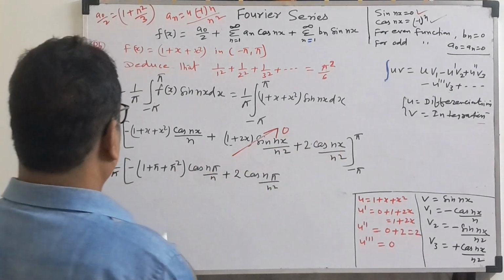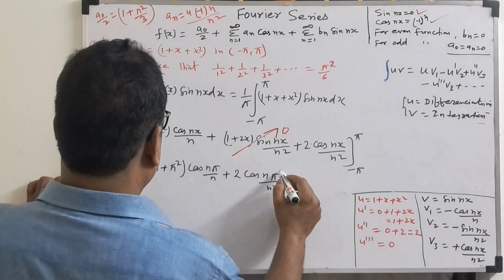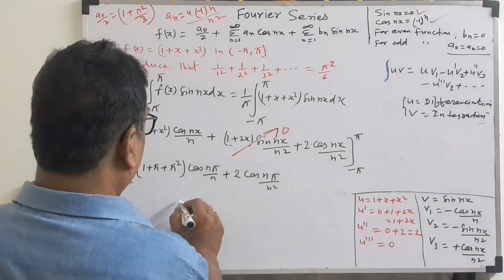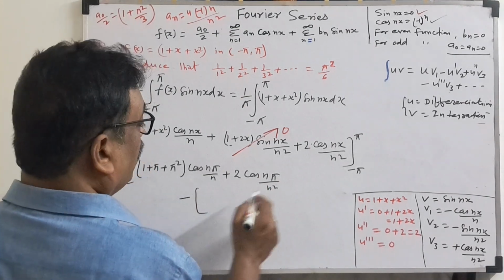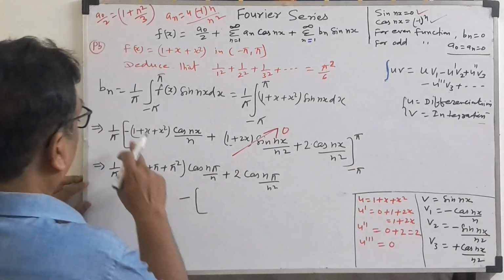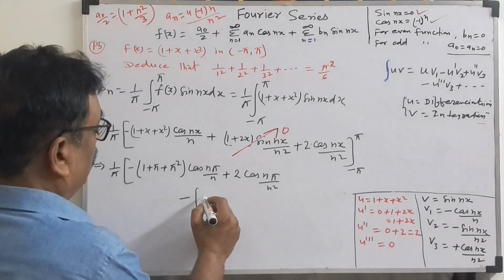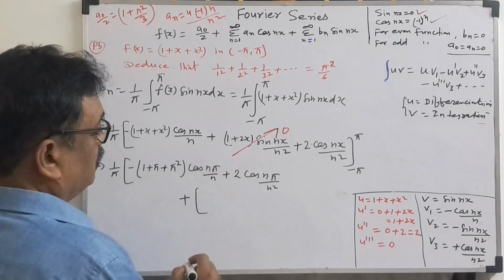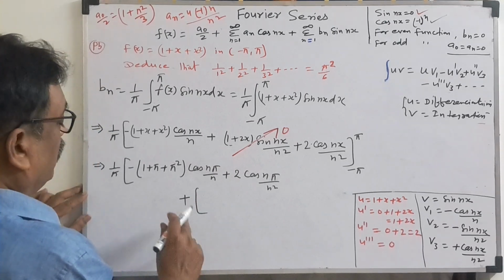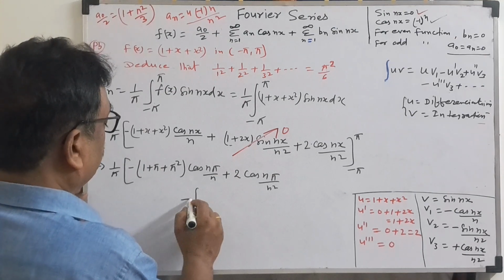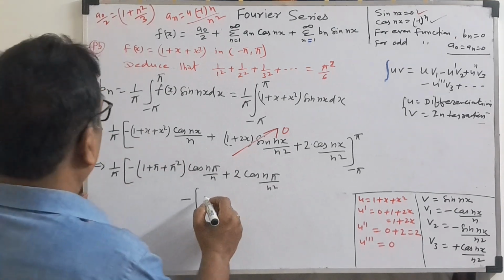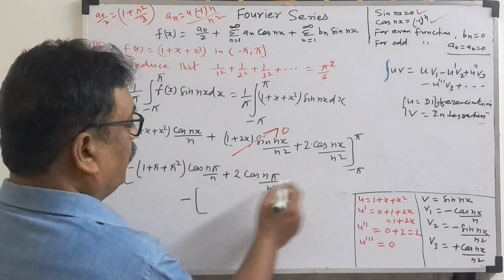This is the upper limit. What will the lower limit be? Here you apply the lower limit again with a minus. Here already minus is there, so it will come plus only. So you write plus. Now this you write here minus, and here will be the upper limit minus, no?